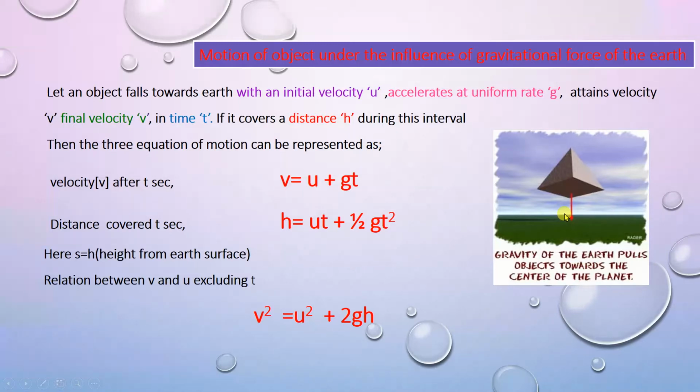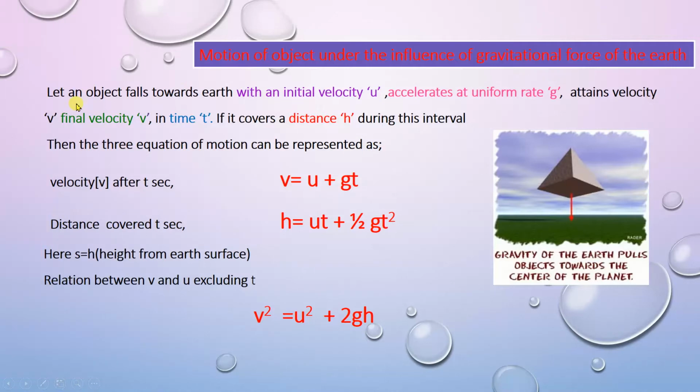Secondly, when the body is moving under the action of gravitational force only, then we call it a freely falling body. Remember? So, the body is freely falling. That means the acceleration acting on the body is the acceleration due to gravity. So, these are the main changes in the equations.